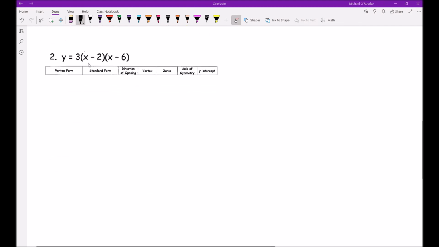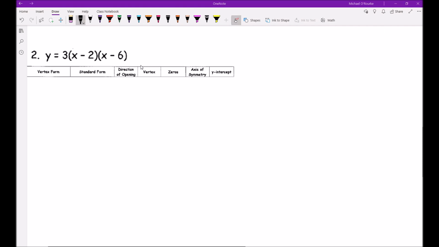So this time we have, which form is this now? Can you tell me? Which form do we have? Perfect. Factored form.